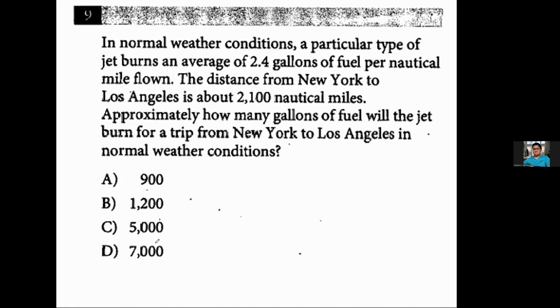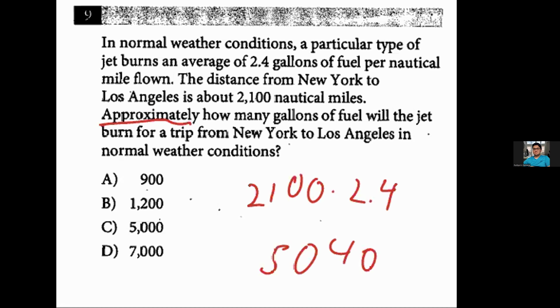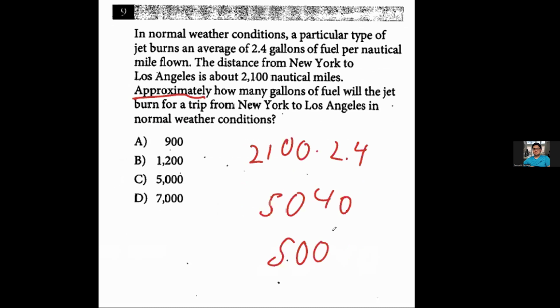Distance is 2100 approximately, so we just have to round a bit. We could round before multiplying, but since this is calculator, you can just use a calculator instead of doing this in your head. So this would just be 2100 times 2.4, which gets us 5040, which rounds to about 5,000. So the correct answer is C.